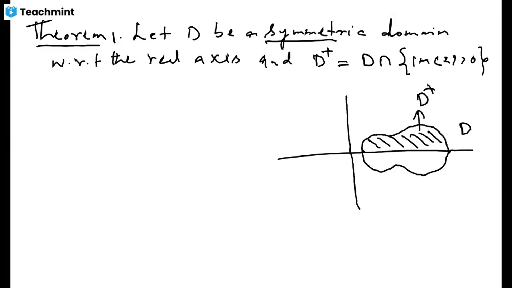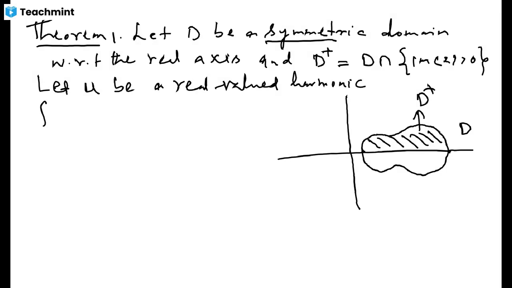And let u be a real valued harmonic function which is defined only on this D plus part. We do not know its value on the part below.